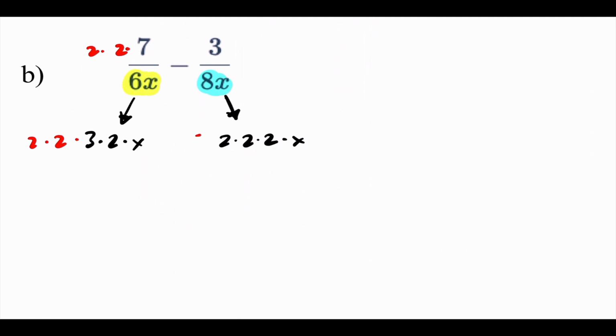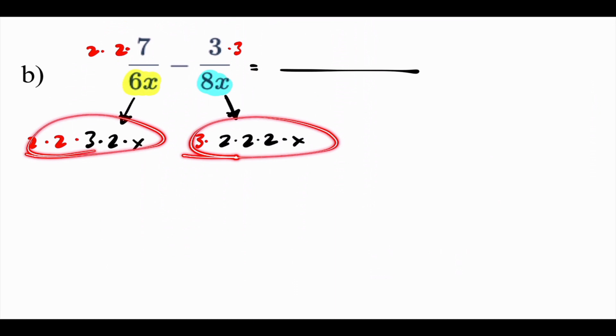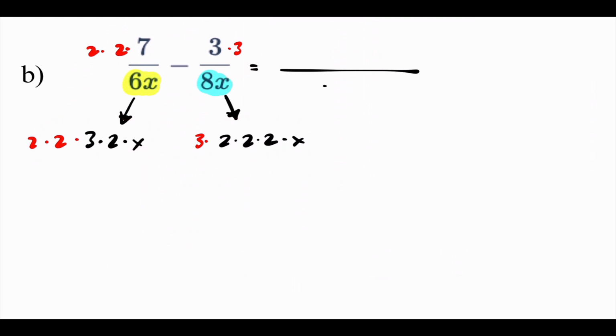So I have to include a 3. Now I know they're in different order, but do they multiply to be the same thing? Both denominators? 2 times 2 times 3 times 2. Let's see, 4 times 6 is 24. 3 times 2 is 6 times 4, 24. So they both make 24x. That's when you know you're done with the denominators, when they're both the same.